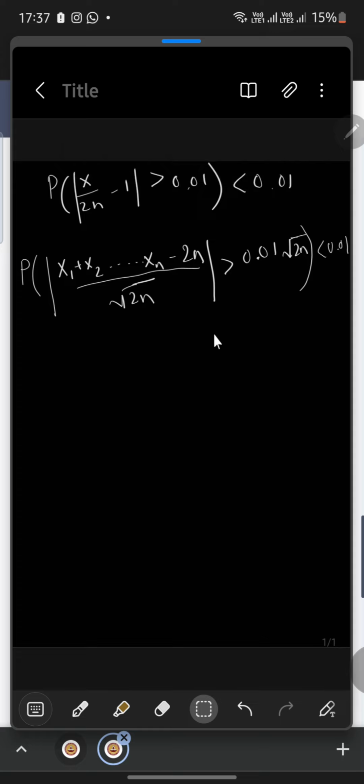Yeah. So now further we can say that this value would be twice when we remove the mod here. So probability, now we already converted this whole thing to a CLT formulation, so I can write it like Z, because I already told you guys that (X minus 2n) by √(2n) is a normal 0, 1.